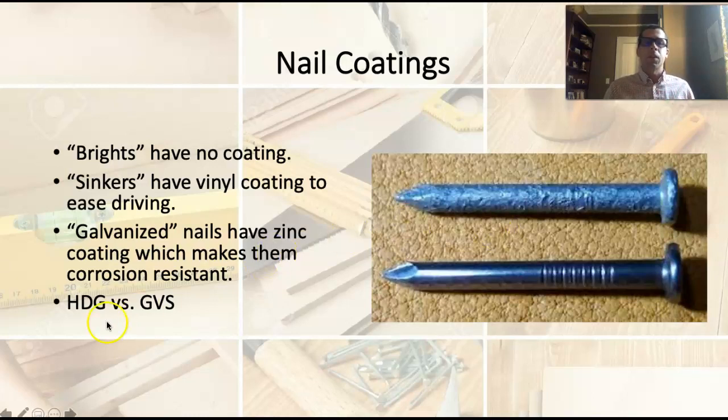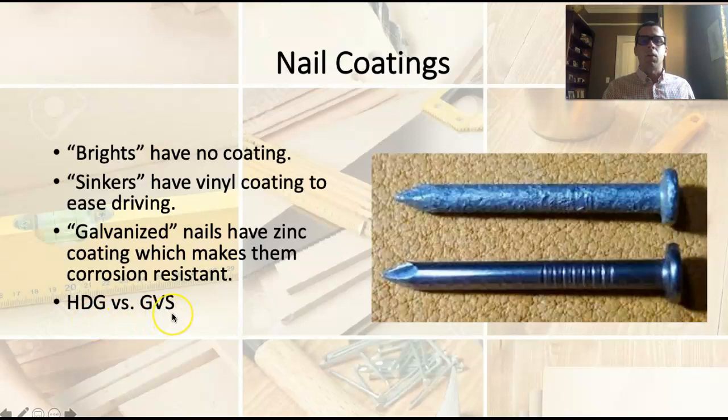All right. I want to look at this real quick. HDG versus GVS. Okay, this is what it says on the box of nails. Okay, if you go to the lumber yard and get a 50-pound box of nails, it's going to say 16 HDG or 16 GVS. Which one do I get? Okay, depends on what you're trying to do.